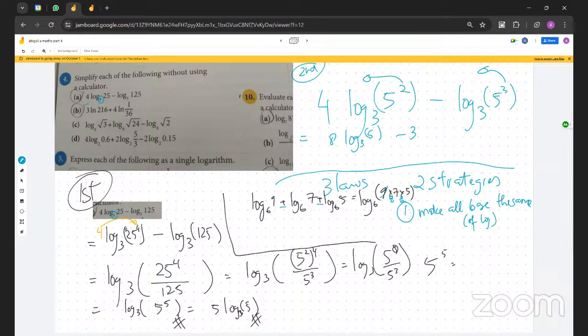And then, huh? Log base 3, 5. Where's your log base 3, 5? Yeah. Then say it out. Say it out. Okay, log base 3, 5. Right.